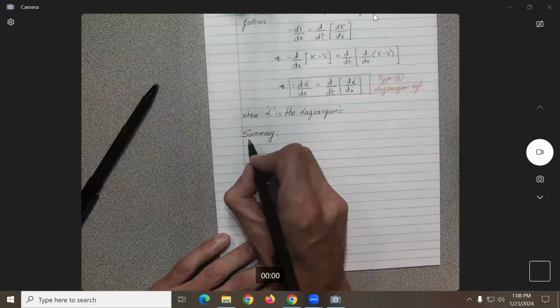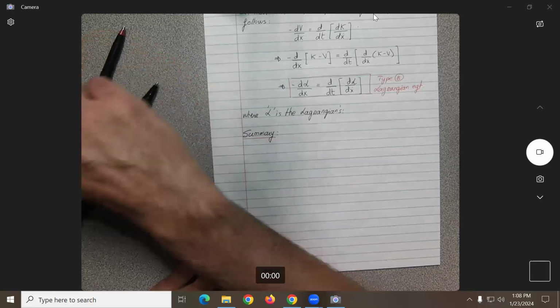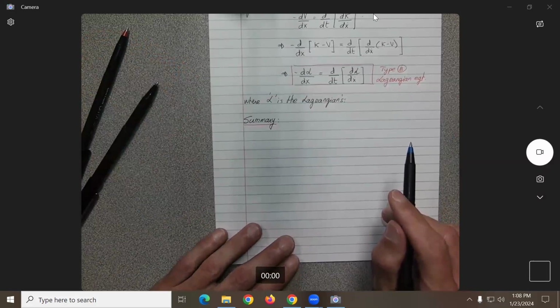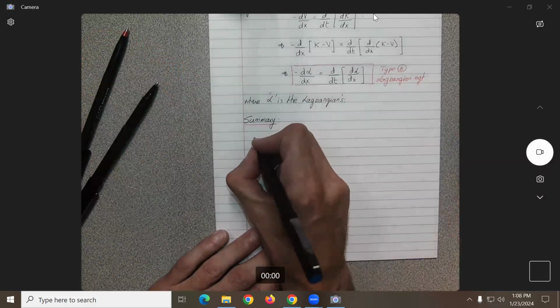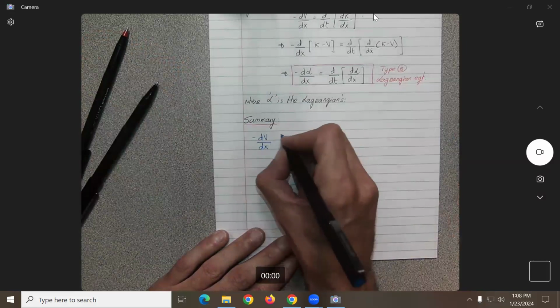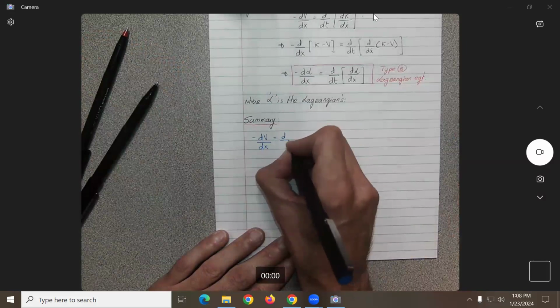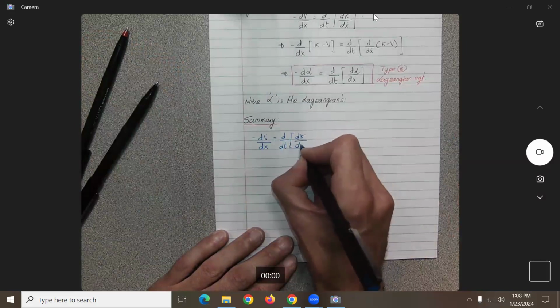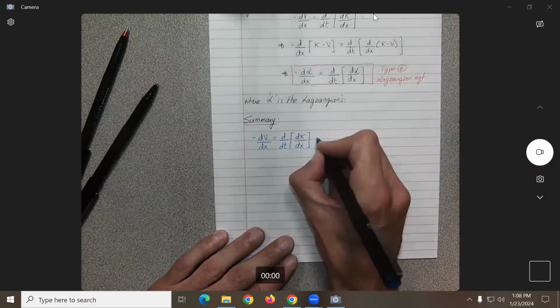Okay, summary over here. So basically you can have two choices, but the important part is minus dV/dx equal to d/dt of dK/dx dot.